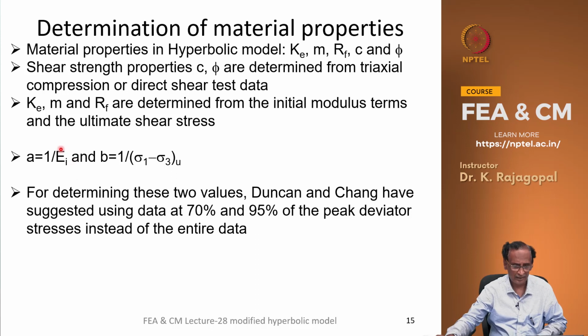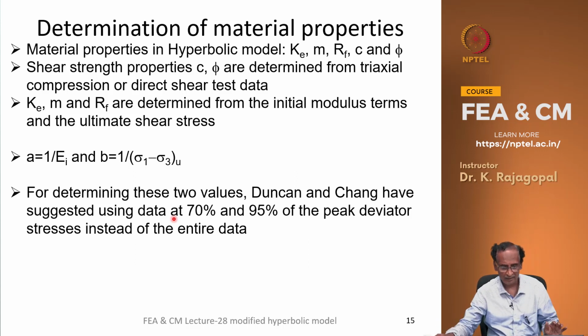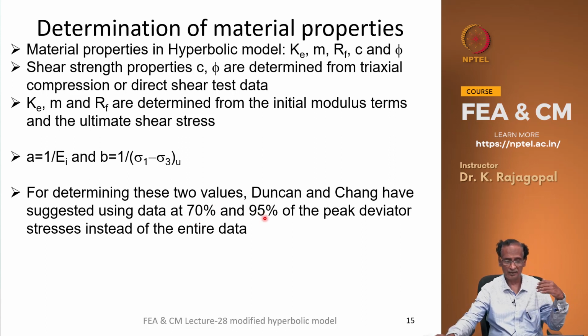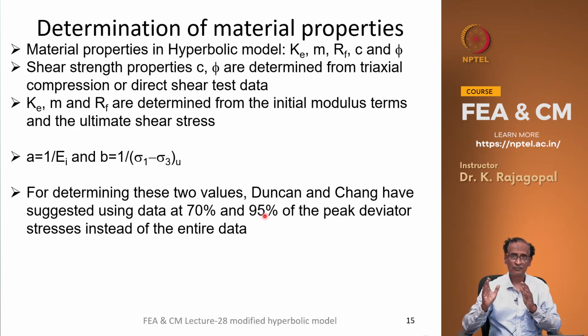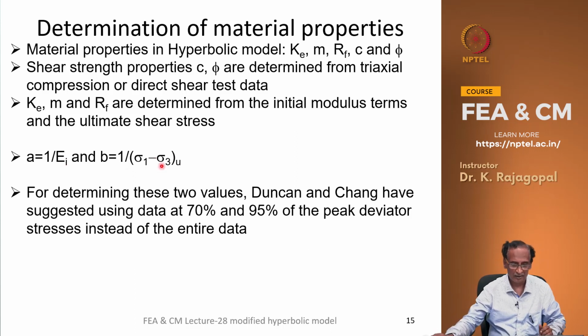What Duncan and Chang have done is that you do not need to plot that line based on all the data points, but you select 2 data points corresponding to 70% of the peak stress and 95% of the peak stress, and plot this graph of epsilon versus epsilon by sigma 1 minus sigma 3. The intercept will give you A, the reciprocal of the initial modulus, and the slope is the reciprocal of the ultimate deviator stress.